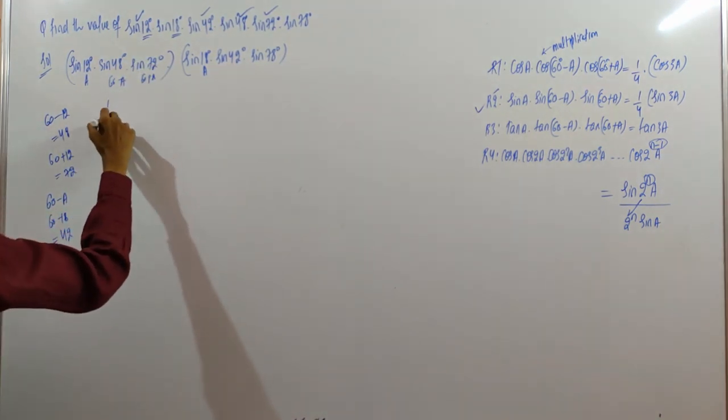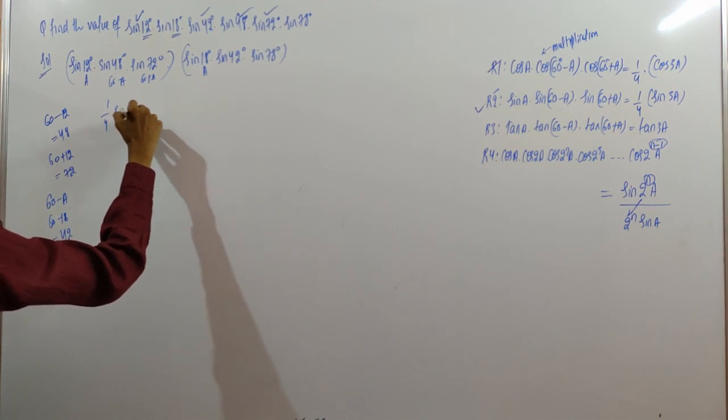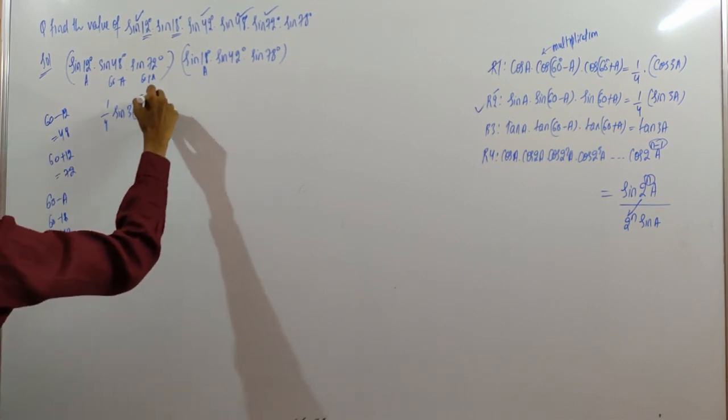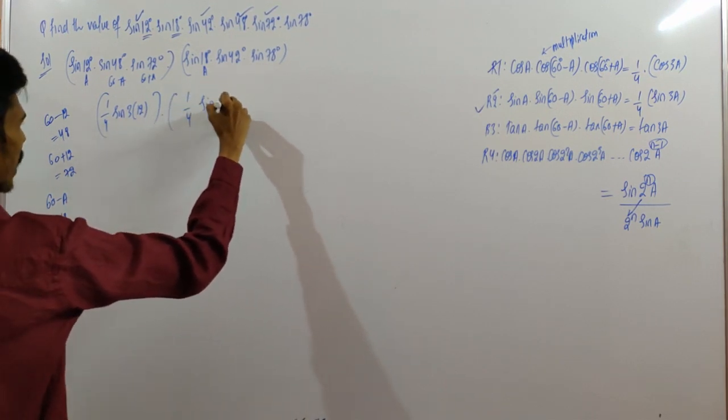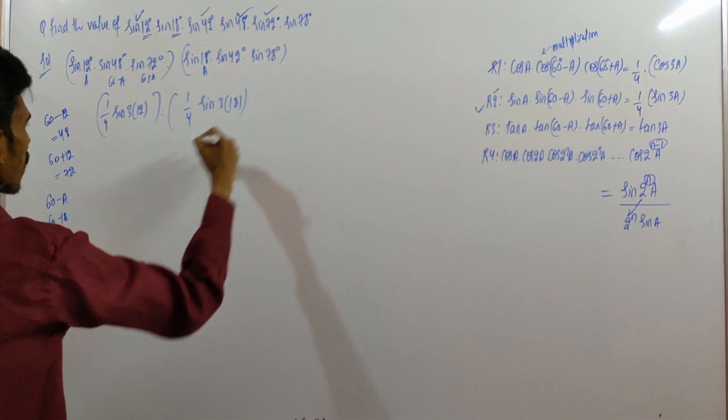Now this will become 1 by 4 sine 3 into A, where A is 12, and 1 by 4 sine 3 into A, where A is 18.